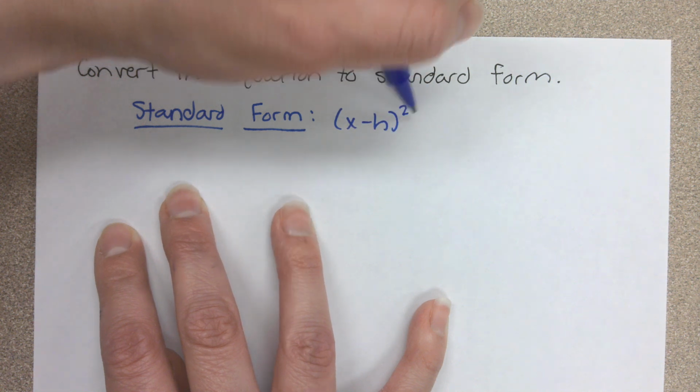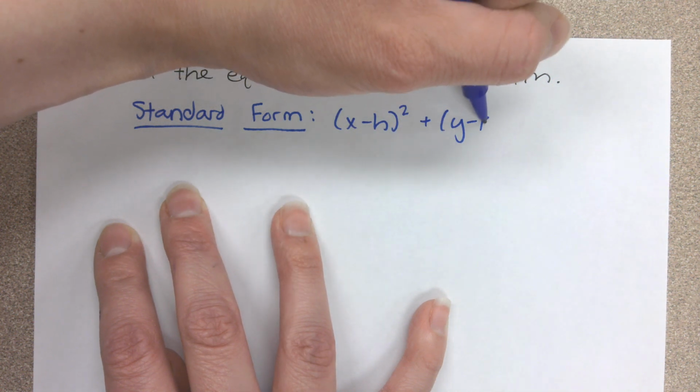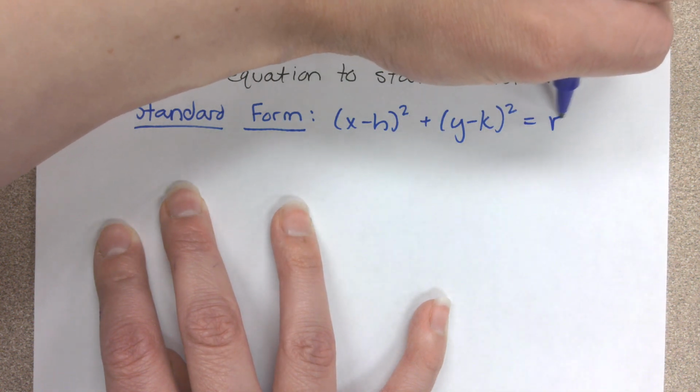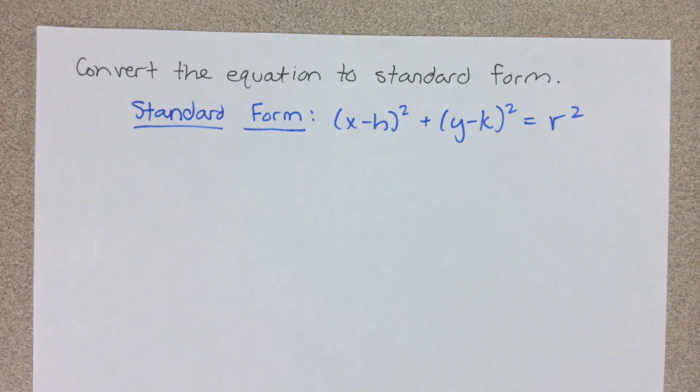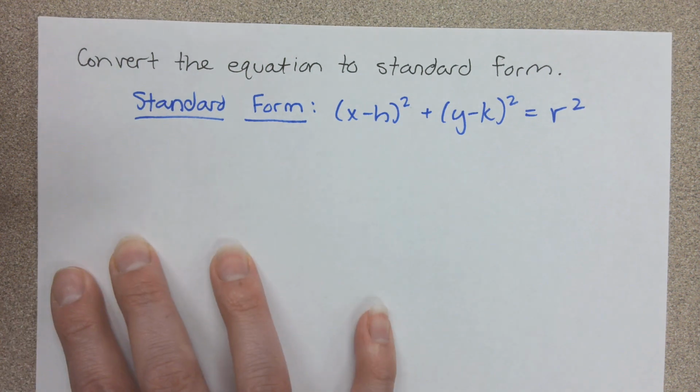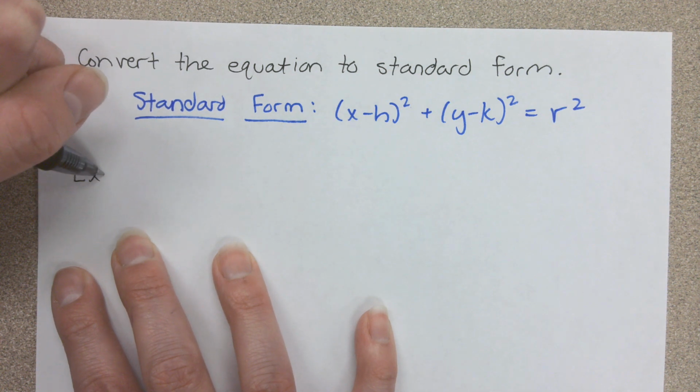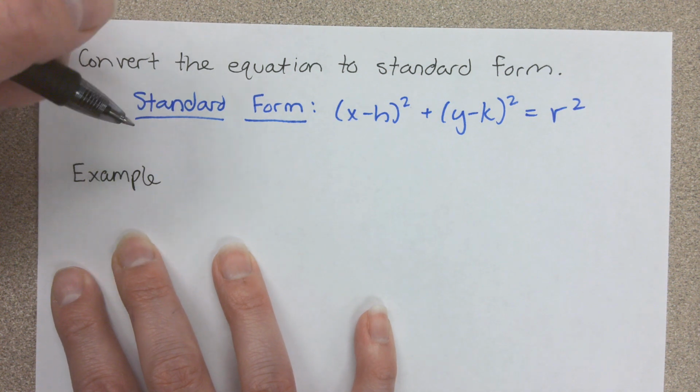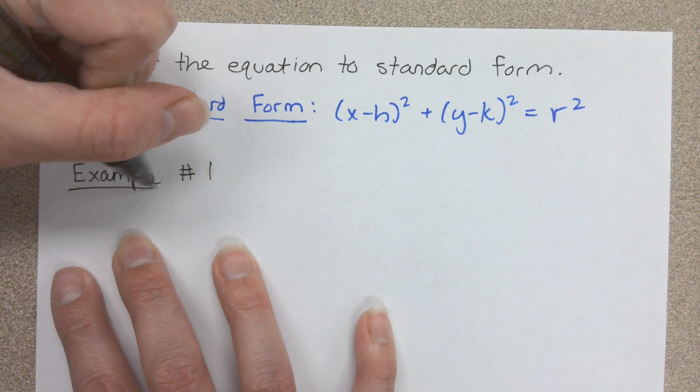X minus h squared plus y minus k squared equals r squared. That's going to be the goal. And I'll do 2 examples.